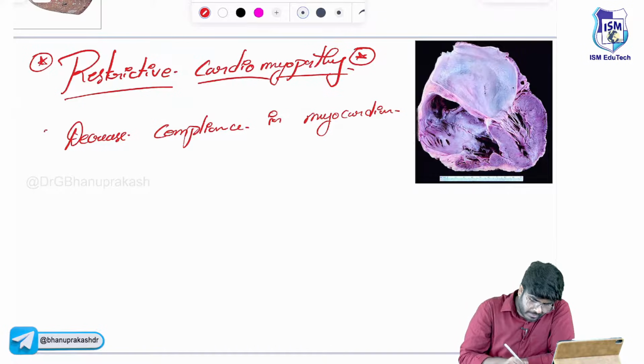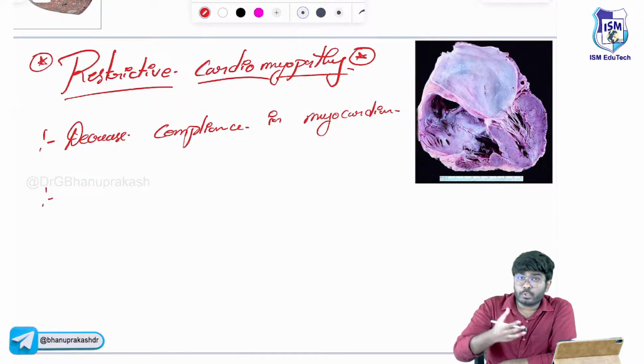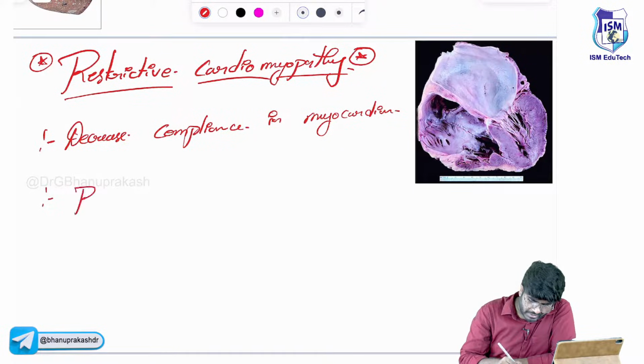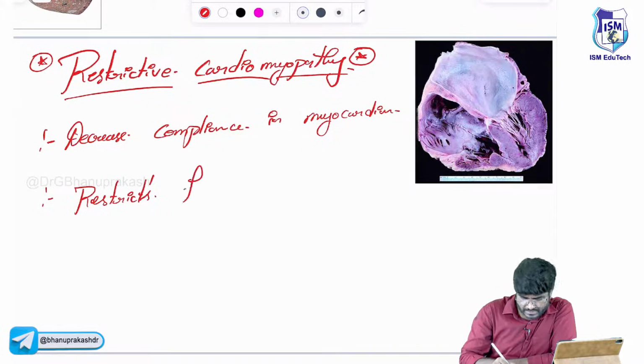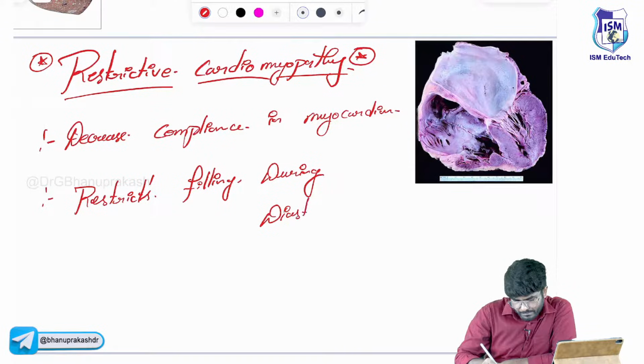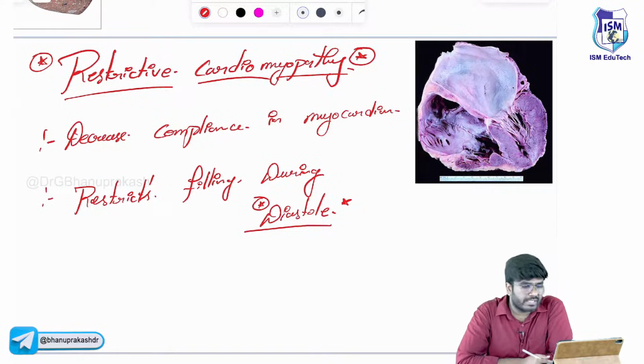What's the problem? I explained to you. Restrictive cardiomyopathy, what is it restricting? It restricts filling during diastole. Okay, so diastolic dysfunction, sir.